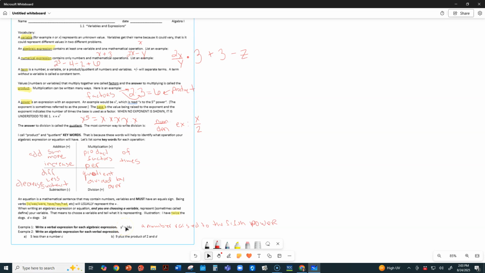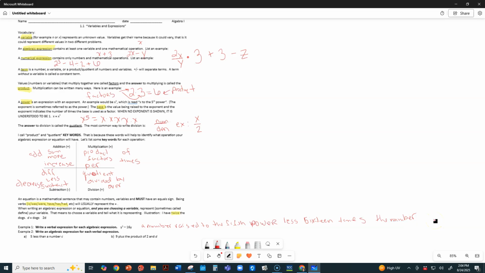So we could say subtract 16, or less 16. Less means we're going to subtract. Less 16 times the number. Be sure you say the number, because if you say a number, it's going to sound like we're talking about a different one. Here we said a number. Here we're going to take away 16 times that same number.